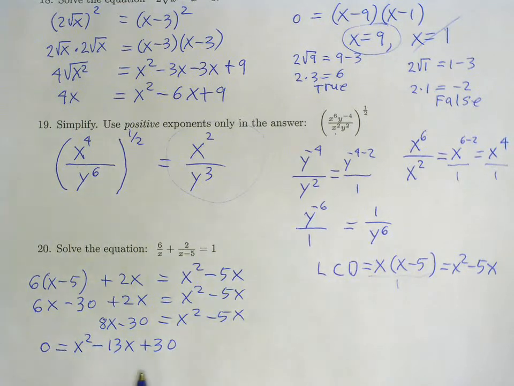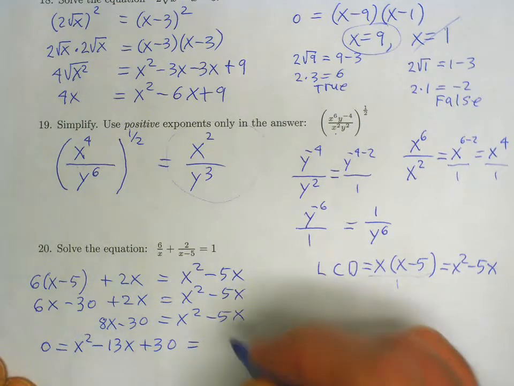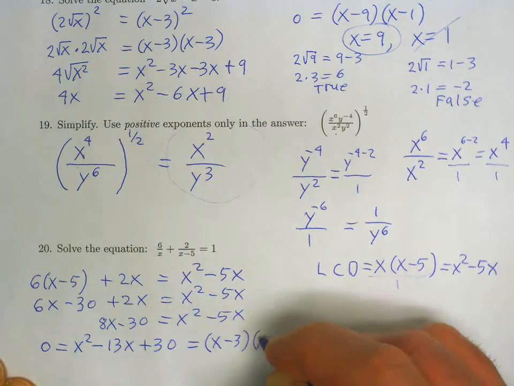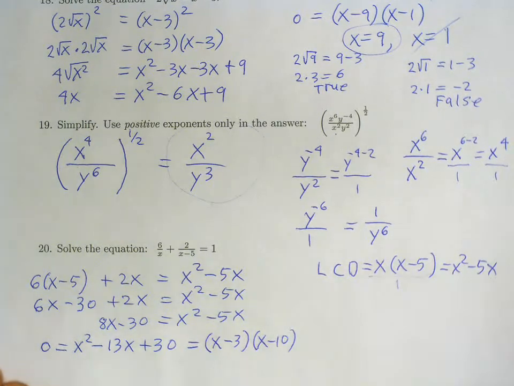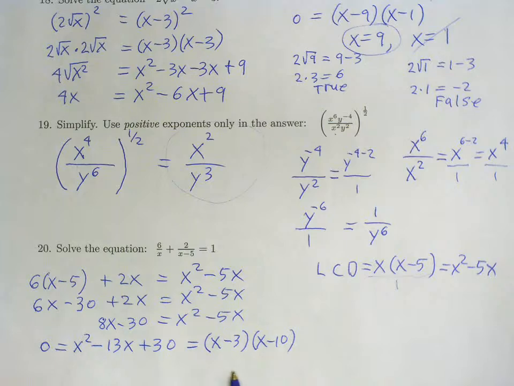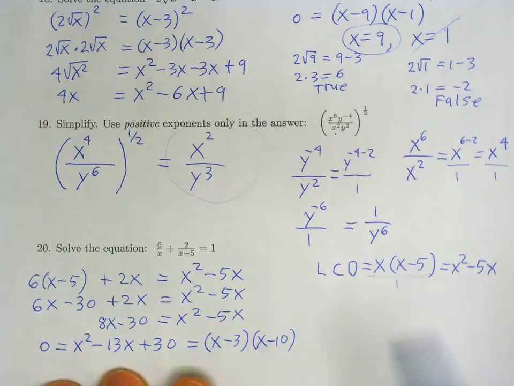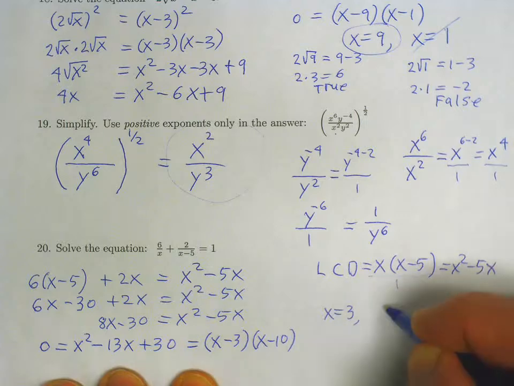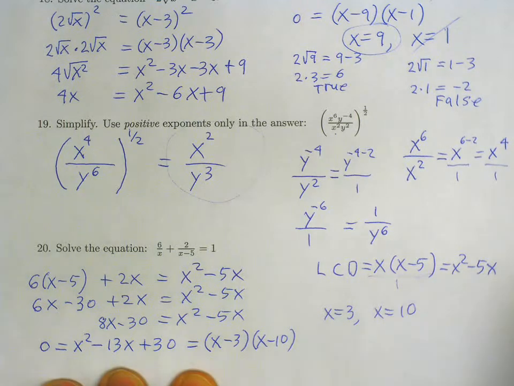And this factors really nicely. The two factors are x minus 3 and x minus 10. So the two solutions to the quadratic equation are x equals positive 3 and x equals positive 10.